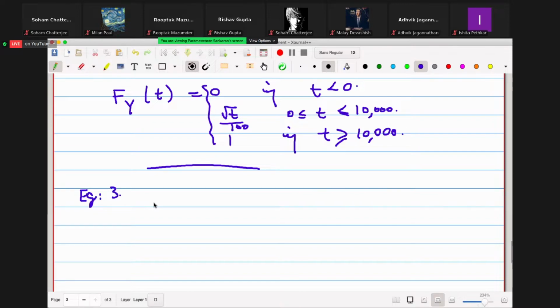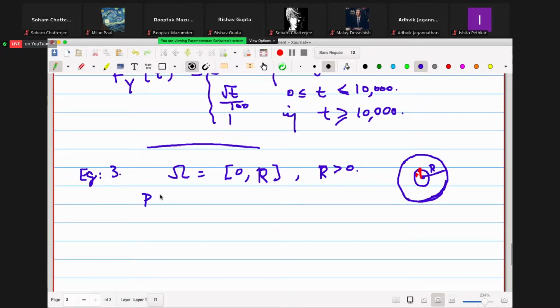So you may as well think of your omega as follows. What really matters is the distance from the origin, so 0 to r is your omega. You can give a very colorful interpretation of all these little examples, but I will simply get down to business and write down these things. I want to say the probability of the dart falling within this interval 0 to r is something which is a function of r. So 2r minus r square.